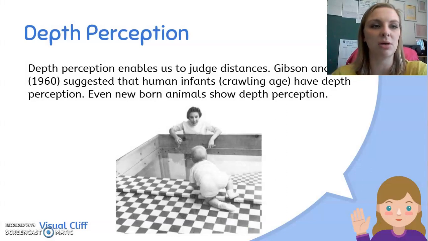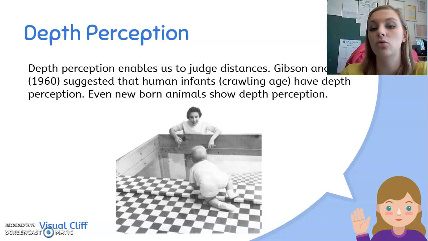The other form of perception that we use is depth perception. This allows us to judge distances. We think that depth perception is innate, and we know this because Gibson and Walk suggested that infants who can crawl have depth perception. And the way they did this is they created the visual cliff.